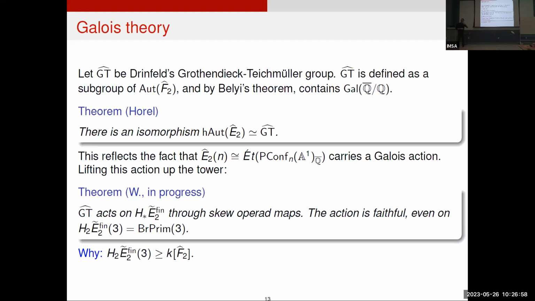So that should be a warning that when we're studying this operad, we should not try to be too concrete about what we're computing, because the answer is going to contain a faithful Galois representation. So that's going to be very large and complicated.